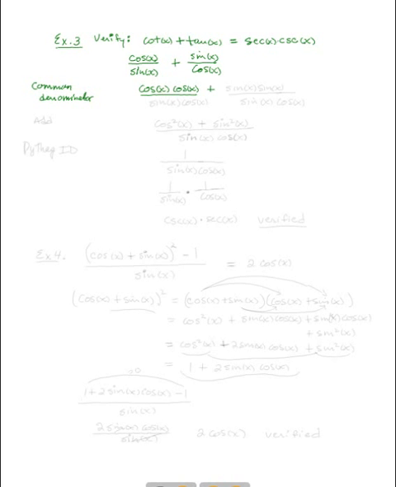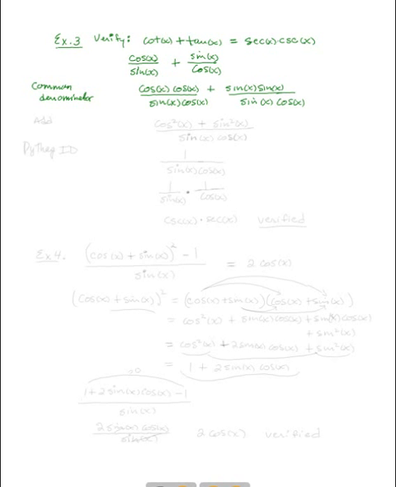Top and bottom of the second one has to be multiplied by sine. And so we have the common denominator of sine cosine, and we've got that in both terms now because we've multiplied top and bottom to make it happen. And so that's the common denominator part.